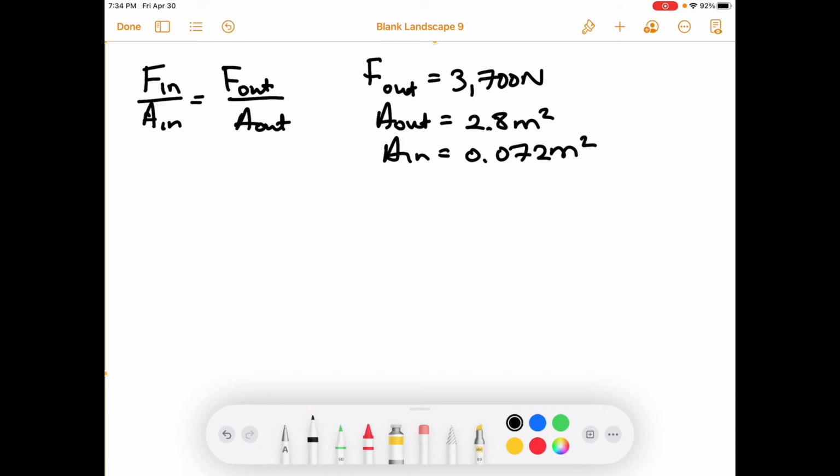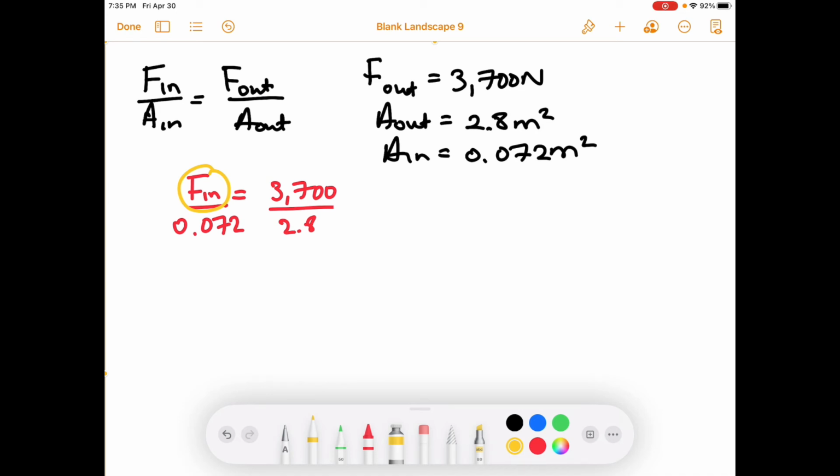Now let's plug in what we know into the equation. We don't know force in, so we're going to leave that there. We know that area in is 0.072. We know that force out is 3,700 newtons. And we know that area out is 2.8 meters squared. So we need to get force in by itself.